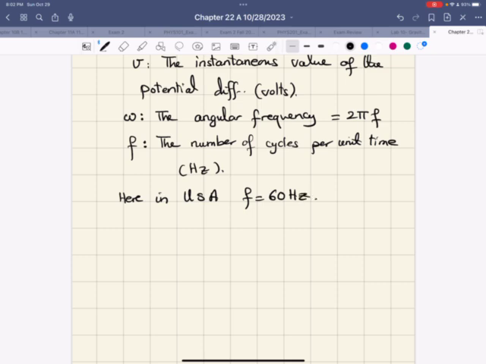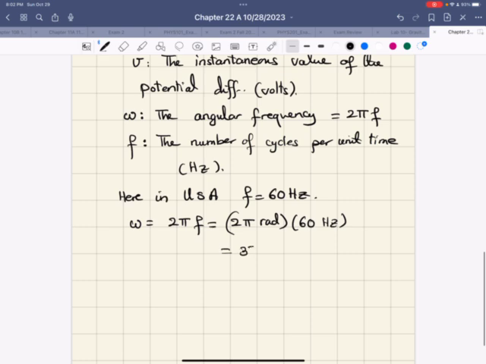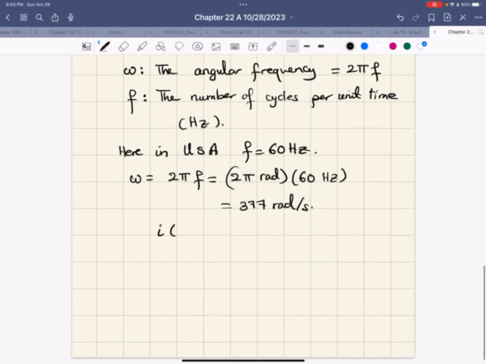Omega, therefore, is 2 pi times the frequency, that is 2 pi radians times 60 hertz, and that is 377 radians per second. And the current as a function of time is going to be I0 cosine omega t as well. It can be represented the same way.